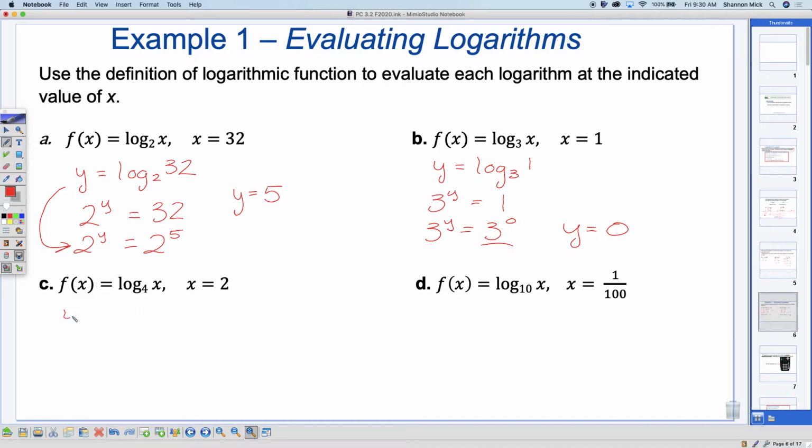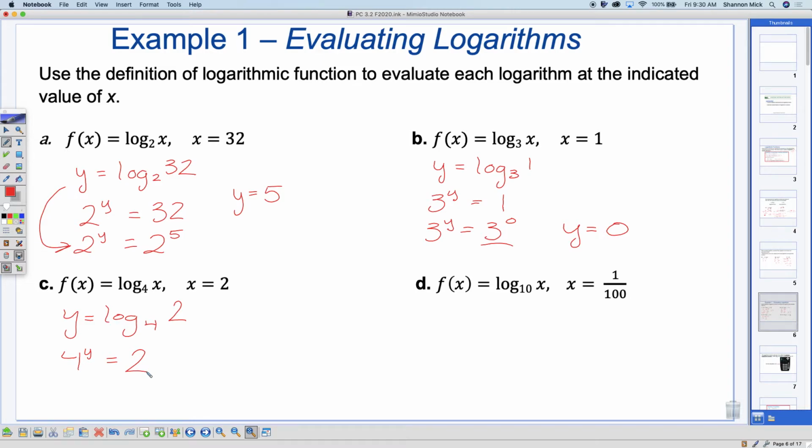Okay, so y equals log base 4 of 2. 4 to the y equals 2. Would it be a half? It would be a half, yes, because it's the square root, or you could change 4 to 2.